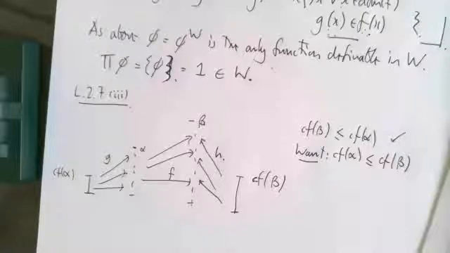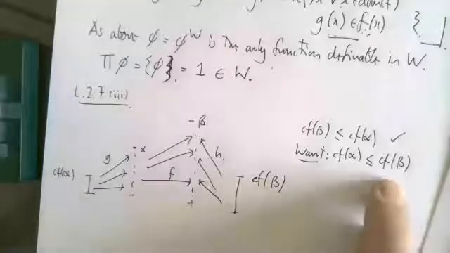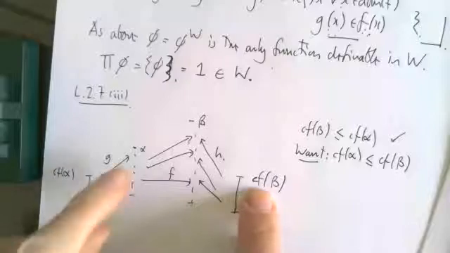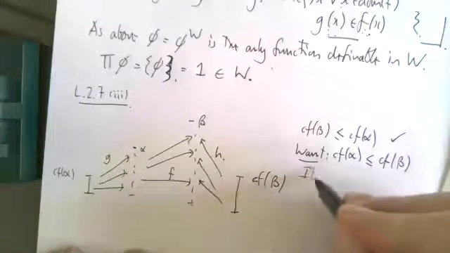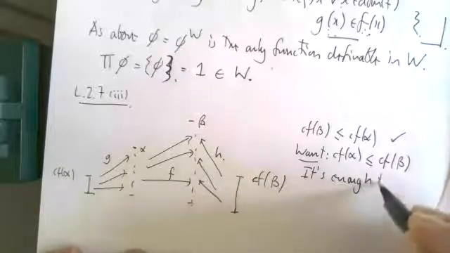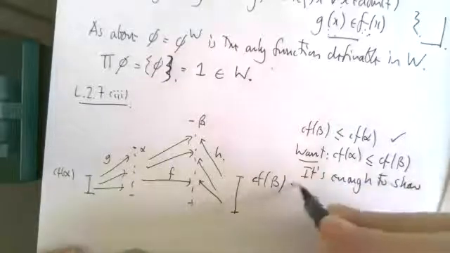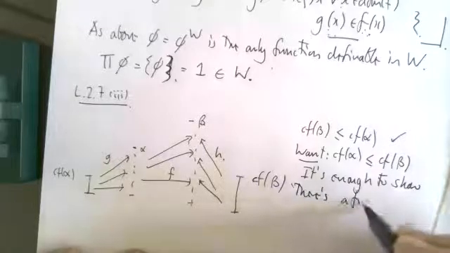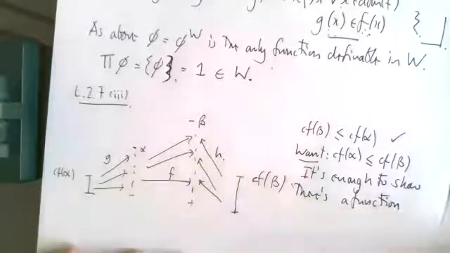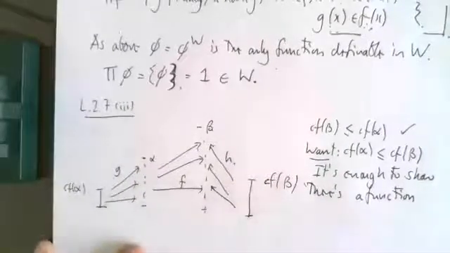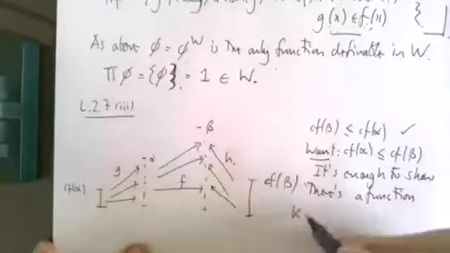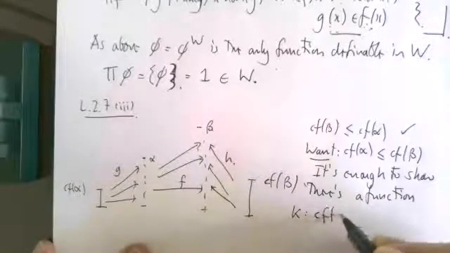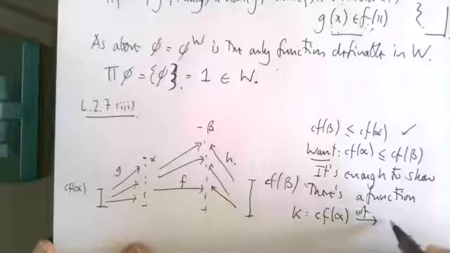Right, so it will be enough to find a function that is cofinal from this ordinal into alpha. So it's enough to show that there is a function k, say, that goes from the cofinality of beta cofinally into alpha.